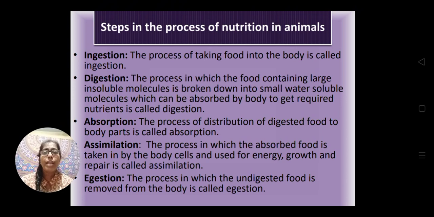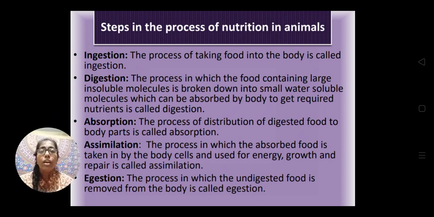Now, after absorption, the digested food is to be supplied or distributed to different parts of the body for its utilization, for producing energy, for growth, for repair. So this process of distribution of absorbed food to different parts of the body, different cells of the body, for energy, for growth and repair is called assimilation.